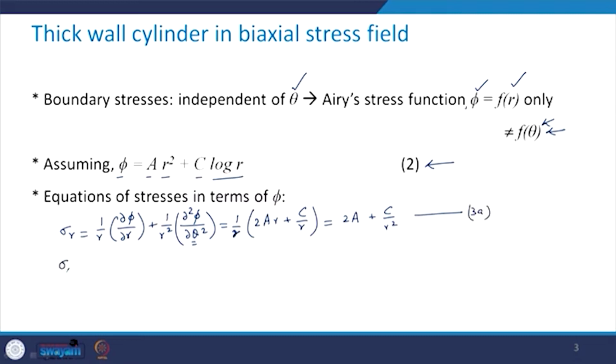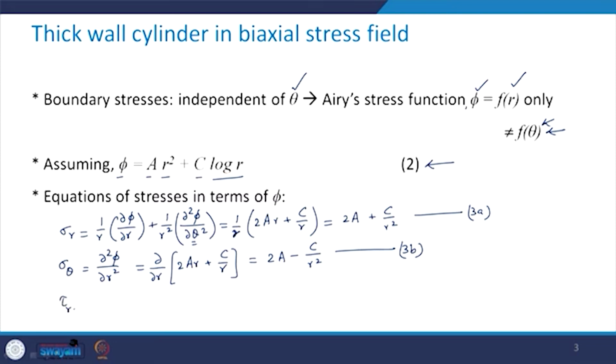Then sigma theta equal to del 2 phi del r2, which is equal to del del r, and I differentiate phi once. So, that is 2ar plus c upon r, then I have to differentiate it again. So, this will be 2a minus c upon r square, that is equation 3b.